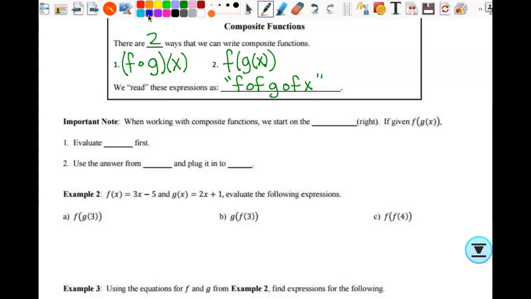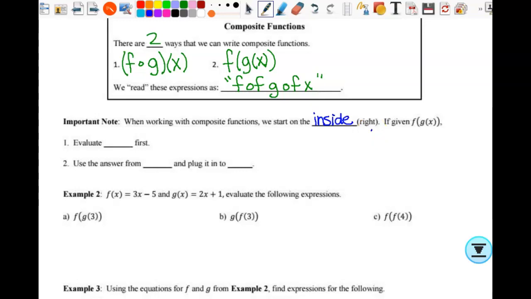Okay. Look familiar? Totally should. Okay, when working with composite functions, we start on the inside, which is really the inside of the set of parentheses, but it's the right side of the first one. Same thing either way.